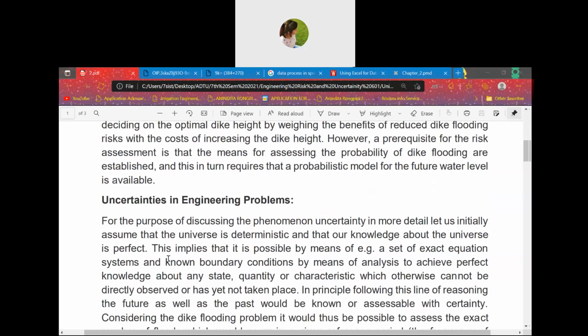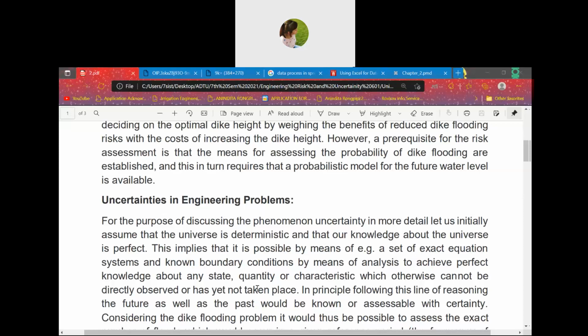This implies that it is possible, by means of, for example, a set of exact equation systems and known boundary conditions, by means of analysis to achieve perfect knowledge about any state, quantity or characteristic which otherwise cannot be directly observed or has not yet taken place.